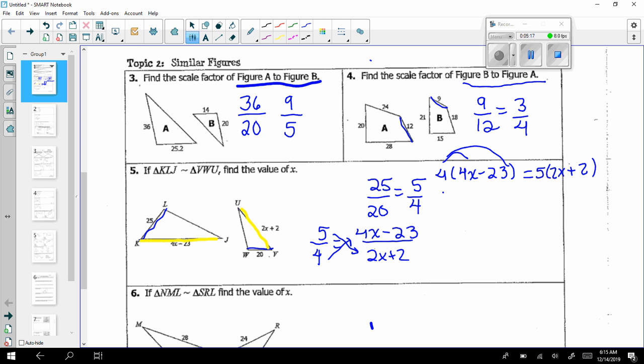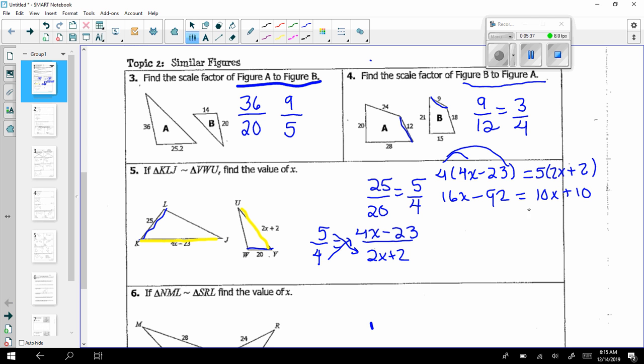So 4 times 4 is 16x minus 23 times 4, and that's 92, is equal to 10x plus 10.